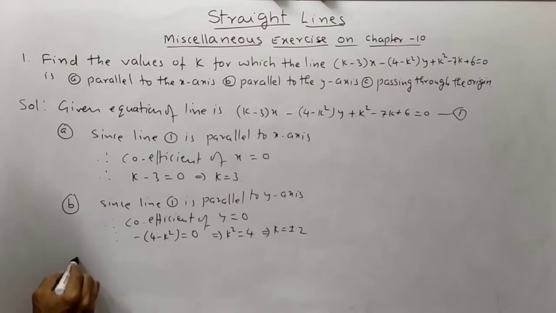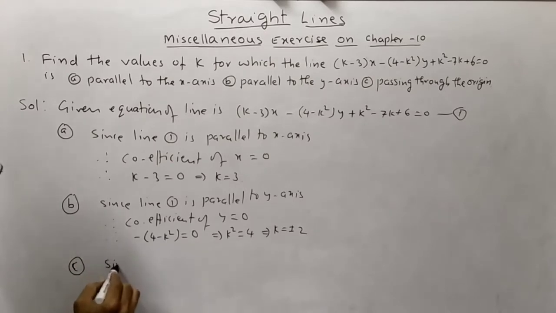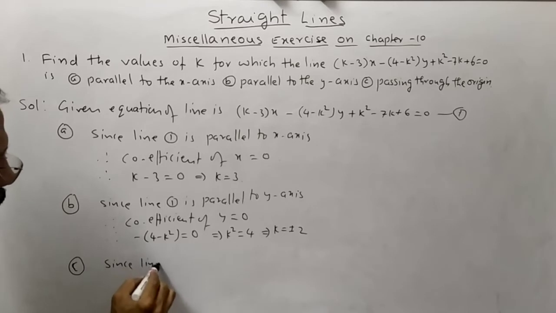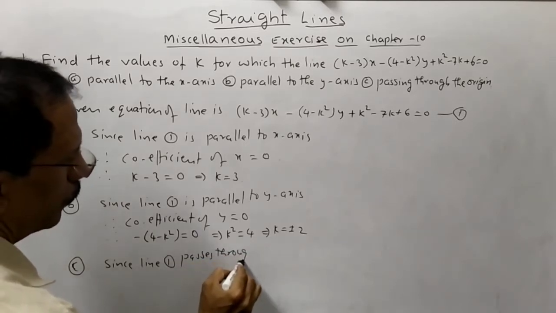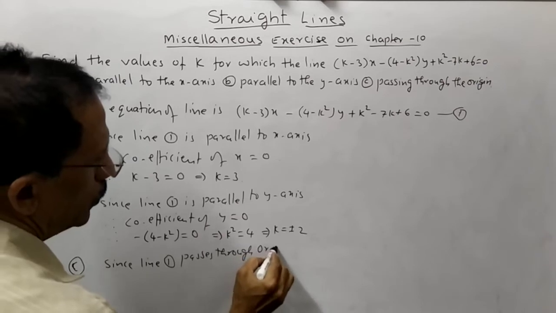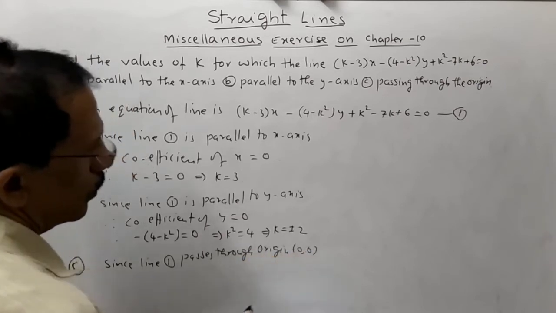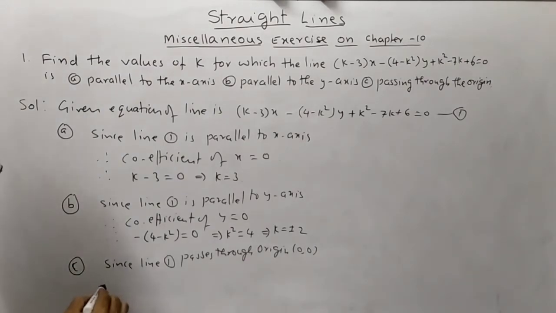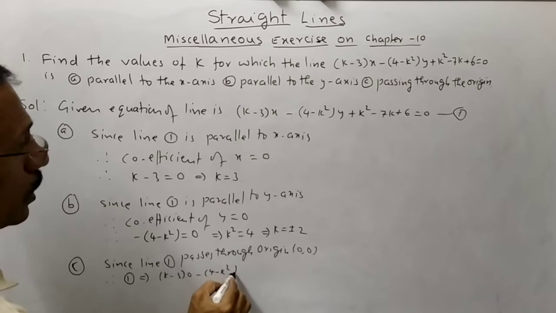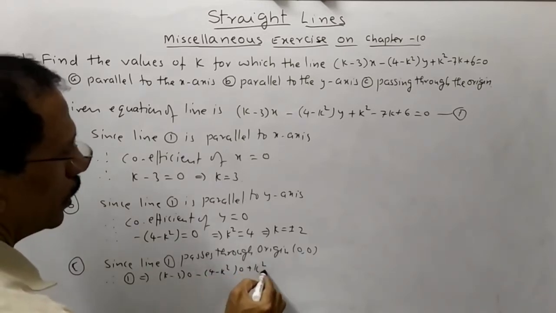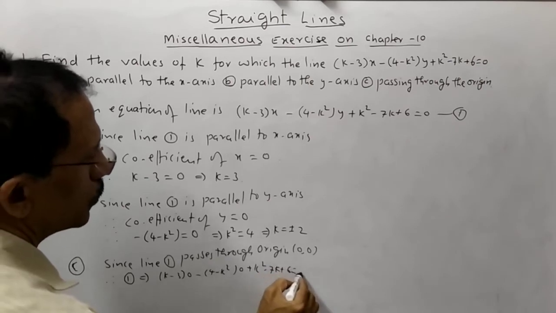Third one. Since line 1 passes through origin, therefore 1 implies (k minus 3) into 0 minus (4 minus k square) into 0 plus k square minus 7k plus 6 is equal to 0.